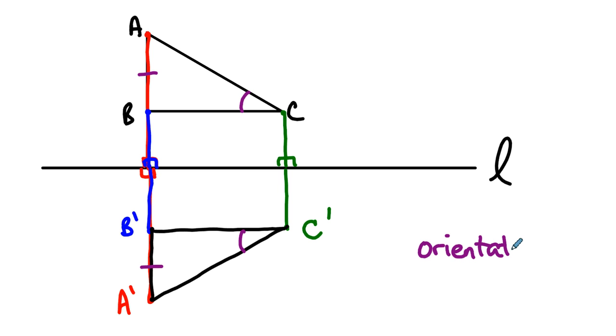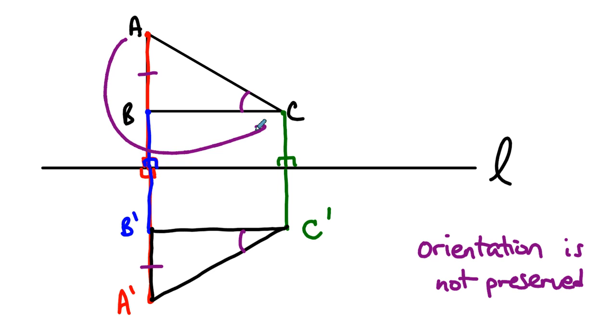And that is this: orientation is not preserved. Well, what does that mean? When we name triangle ABC on the original shape, it's named in a counterclockwise way. When we see ABC, we go counterclockwise to say them.